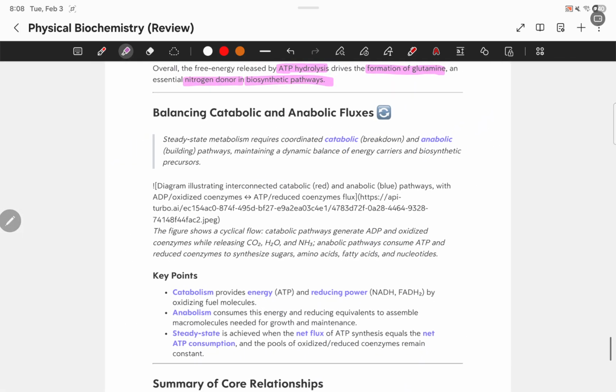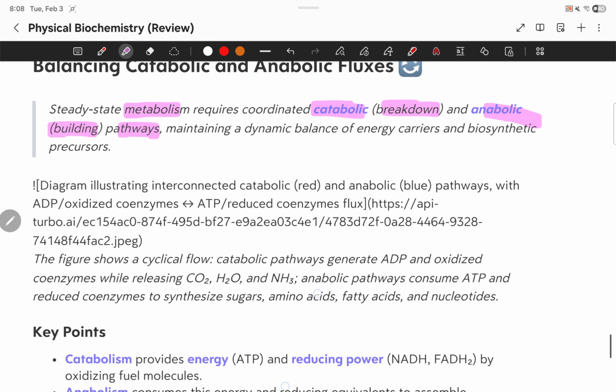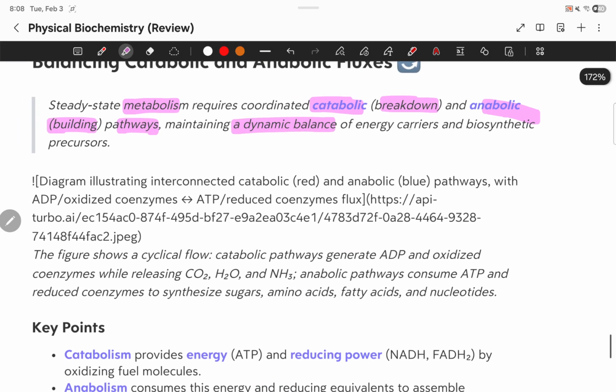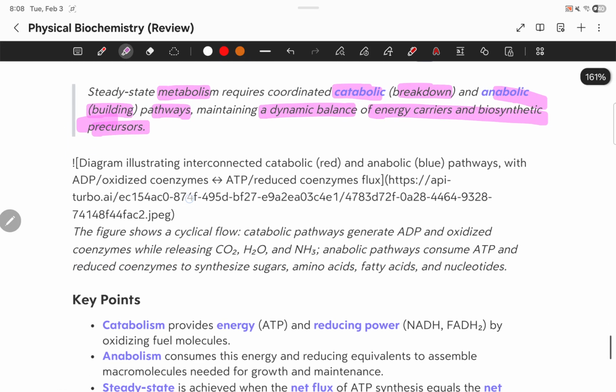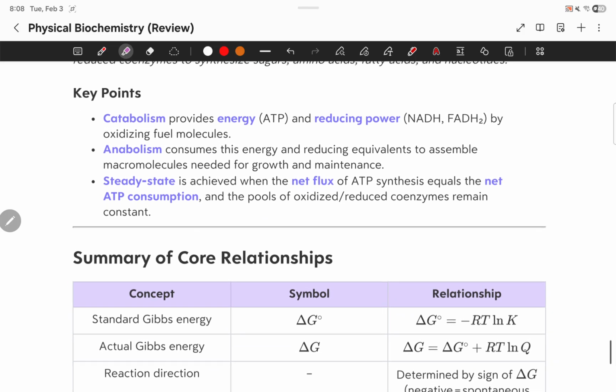Now we have the balancing between catabolic and anabolic fluxes. In metabolism, we have catabolic, meaning breakdown, and anabolic, building pathways, maintaining the dynamic balance of energy carriers and biosynthetic processes. Now we have the key points.